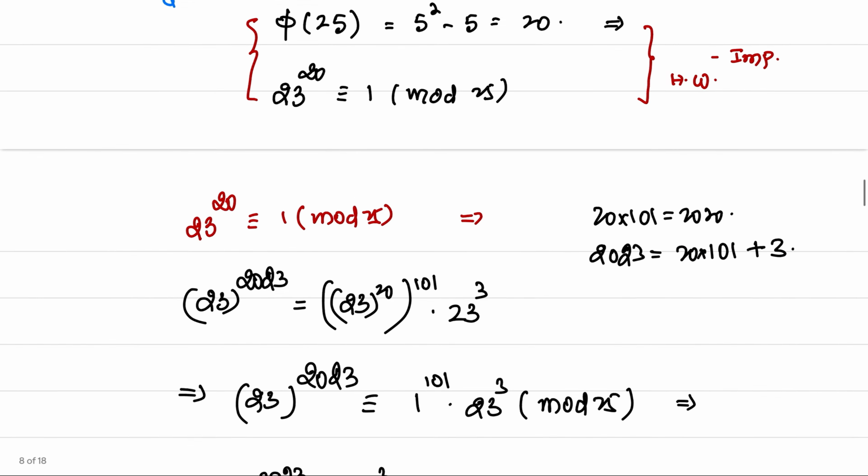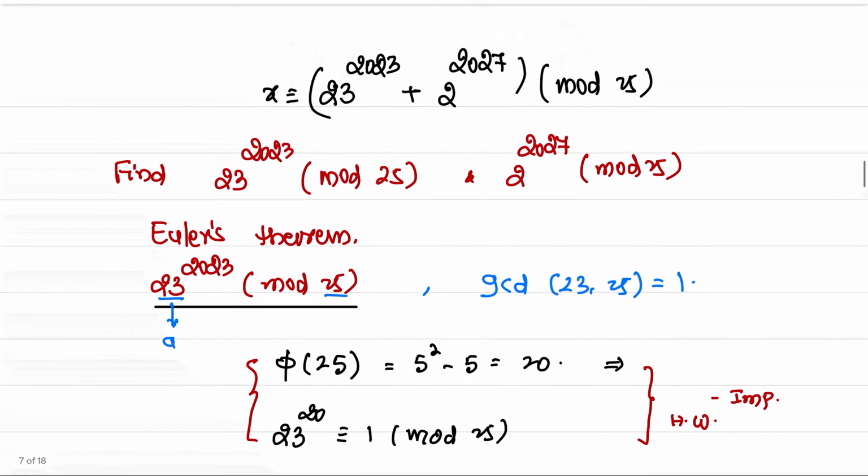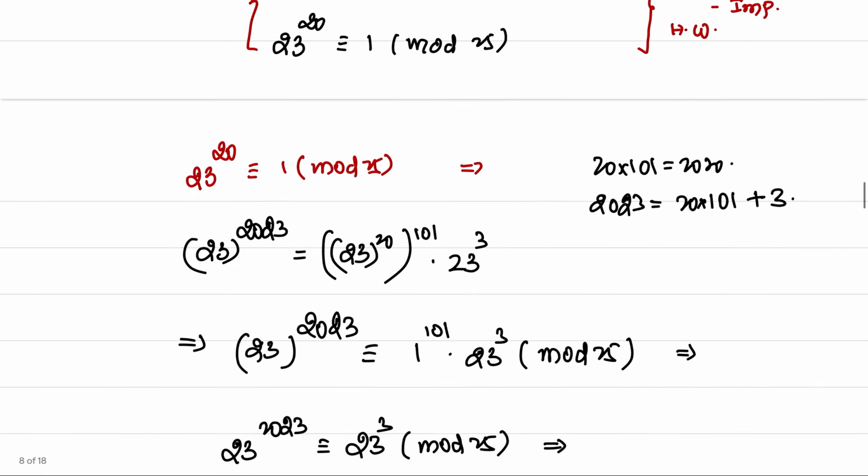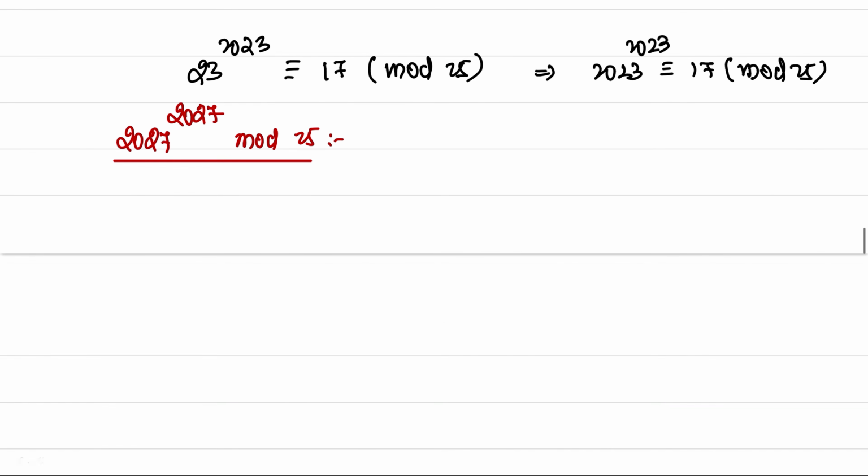What is 2027? We have already found 2027 is nothing but 2, so 2 to the power of 2027 mod 25. We have to find this because we have already simplified previously. What is the value of 2 to the power of 2027?